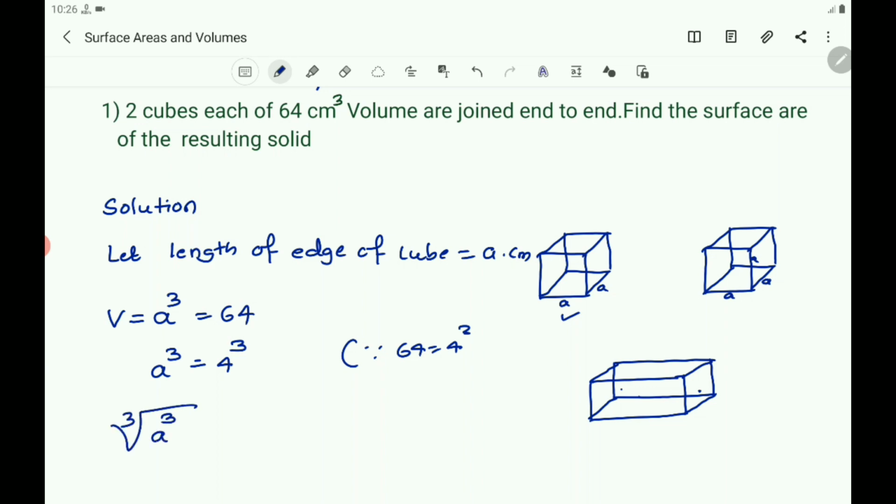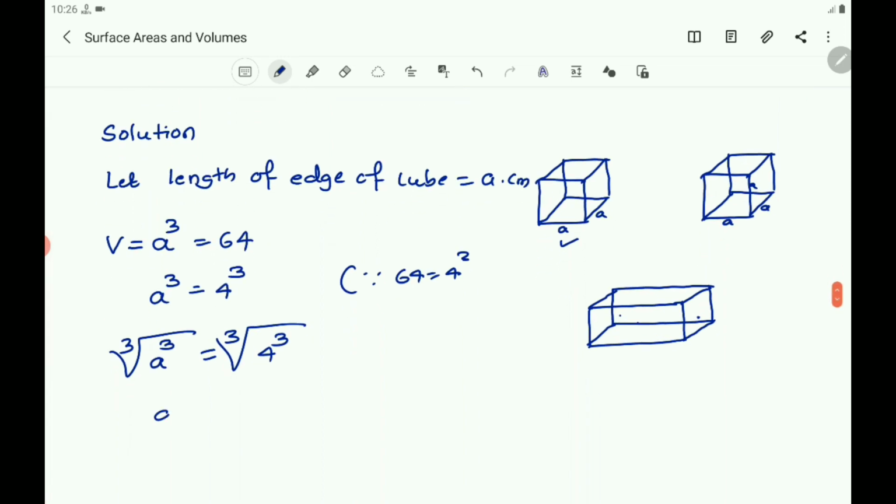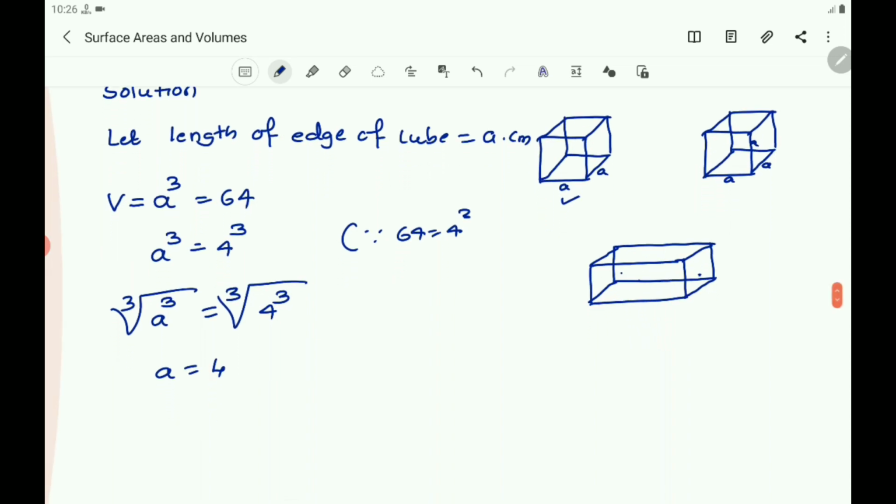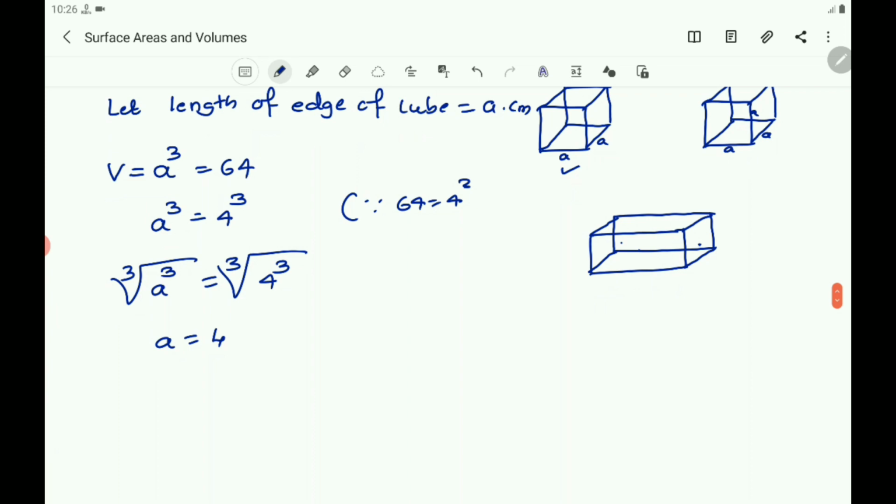Cube root of A cube equals cube root of 4 cube, and you will get A equals 4 centimeter. So you got the length of the edge of each cube is 4 centimeter.